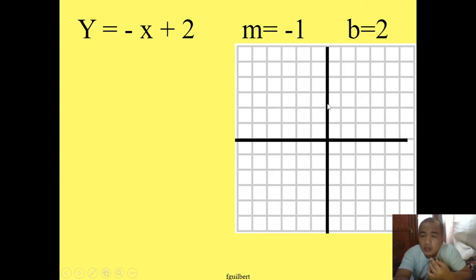This is the y-intercept. Then since the slope is negative 1, that's equivalent to negative 1 over 1. So we will rise 1 and then go 1 to the left because the slope is negative.